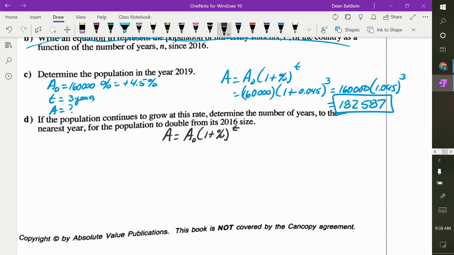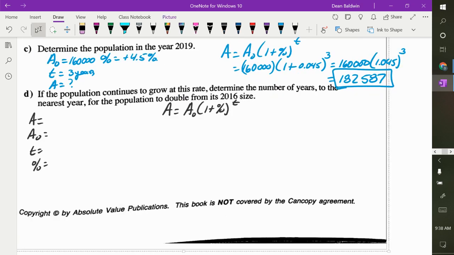There's our formula. It's still increasing, so we know our percentage is plus 4.5. Time is what we're trying to figure out: how long for it to double? Now here are the 2 ways to do it.